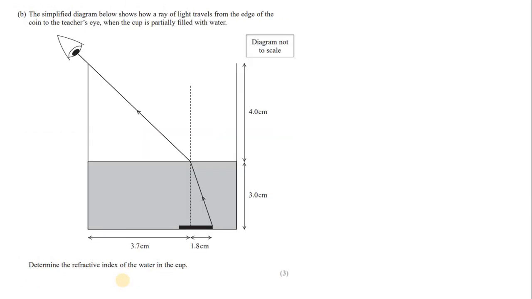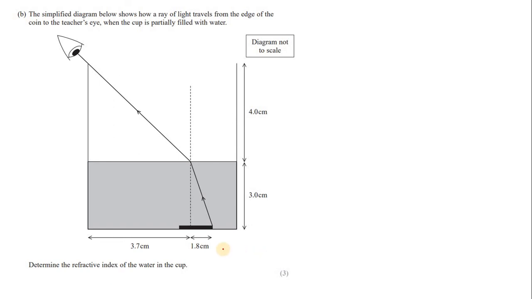Part B: the simplified diagram below shows how a ray of light travels from the edge of a coin to the teacher's eye when the cup is partially filled with water. Determine the refractive index of the water in the cup. We are given some distances in the diagram: height of the cup, height of the water in the cup, and the positions of the coin from the edge of the cup.